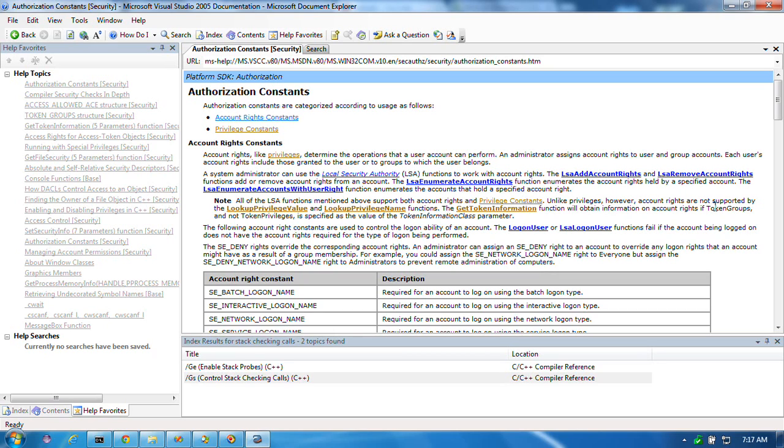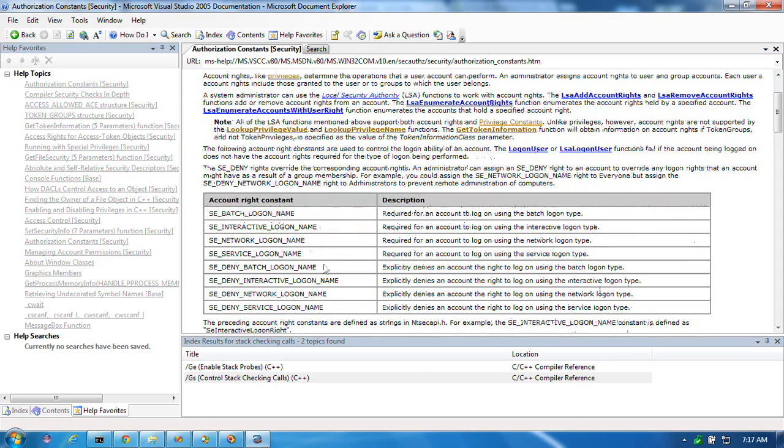So if you just take groups and don't specify privileges, then you will obtain enough information, at least, to decide whether or not a logon name has one of these rights. Now, these constants are made up by the Local Security Authority.